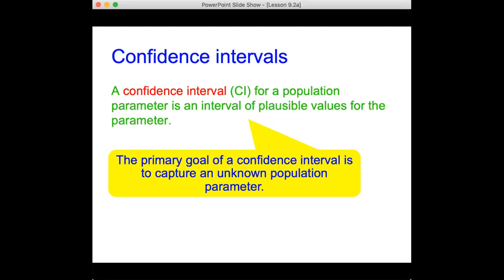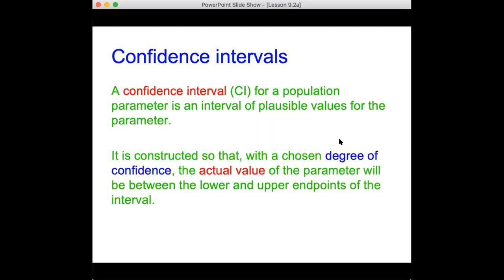So the interval that we just found, 0.57 to 0.83, is a whole interval of plausible values for the population proportion, okay? And our primary goal of a confidence interval is to catch that unknown population parameter. We don't know what the true percentage is, but we are 95% confident that it's somewhere between 0.57 and 0.83. Okay, so that is our goal, to catch that unknown population parameter.